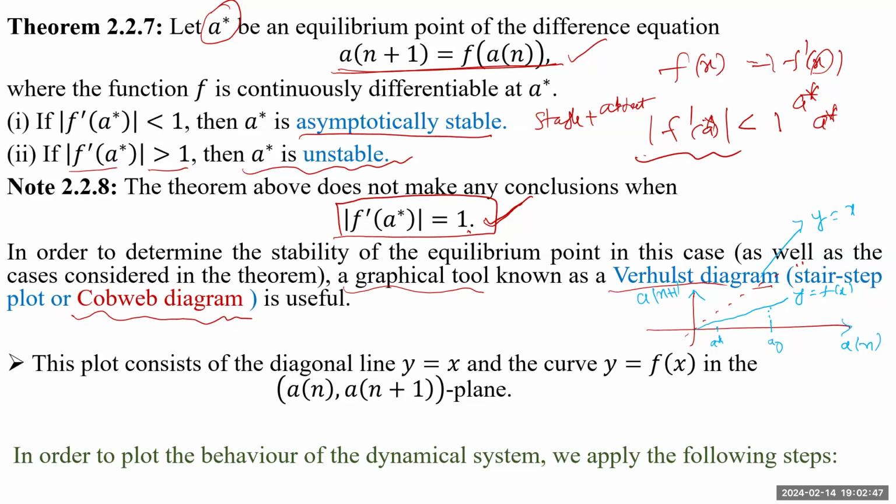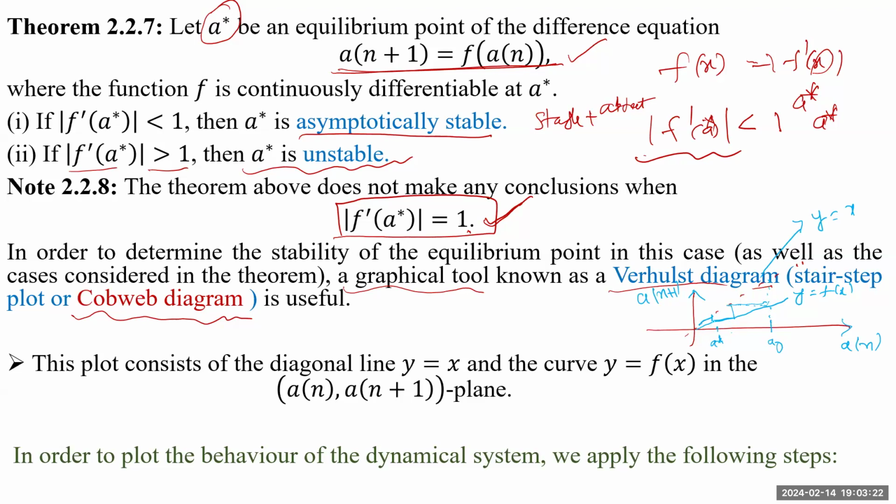So you need to draw the diagram, and where the horizontal line touches, that is A1. Then you draw another vertical line, then a horizontal line again, then a vertical line, and again a horizontal line.